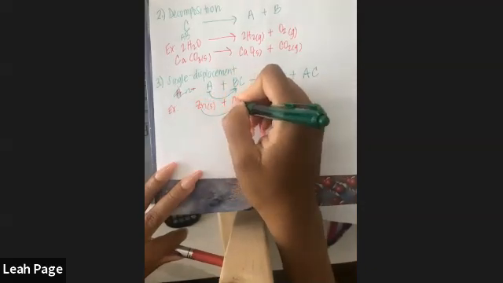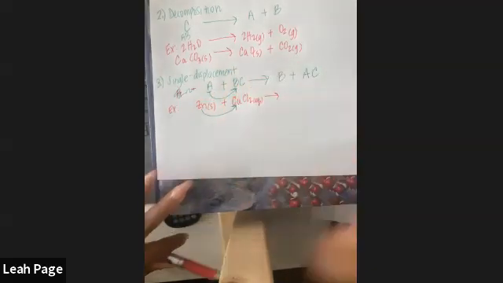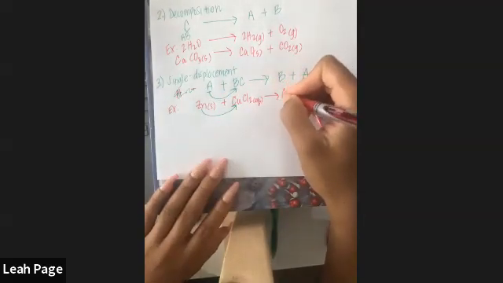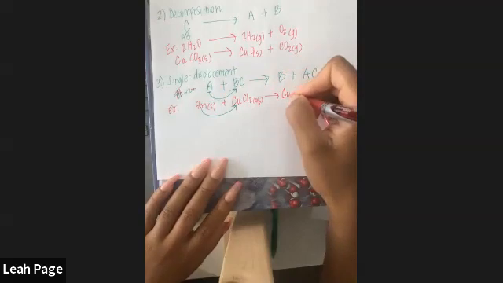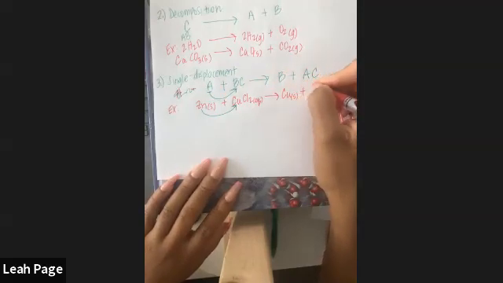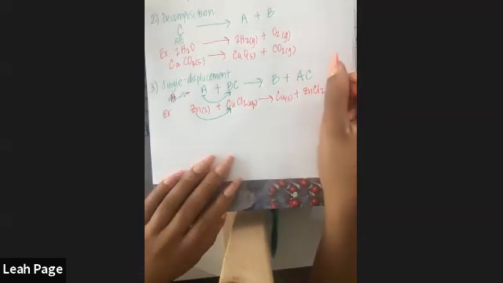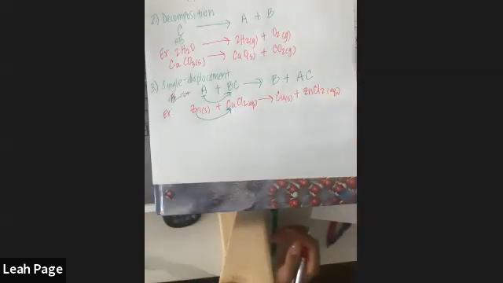So my zinc and my copper are gonna switch places. And when they do so, I end up with copper by itself plus zinc now being in a compound with chlorine. And let me know if you guys have any questions.